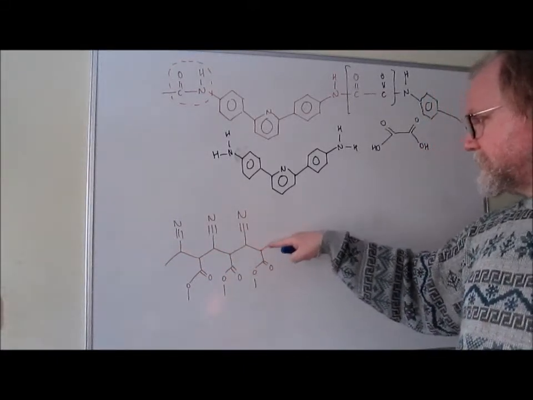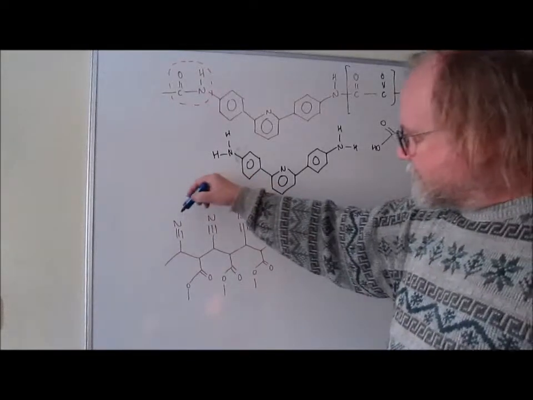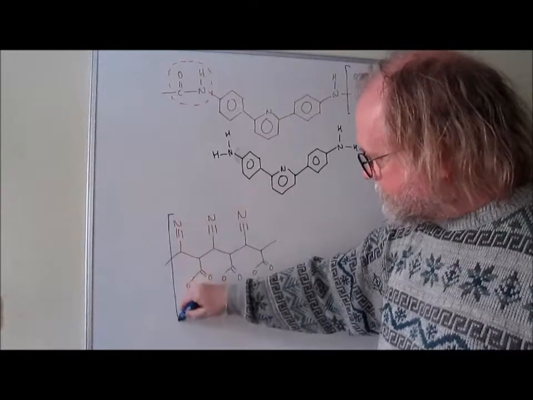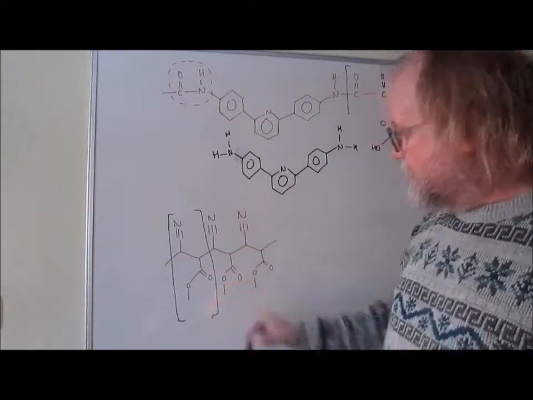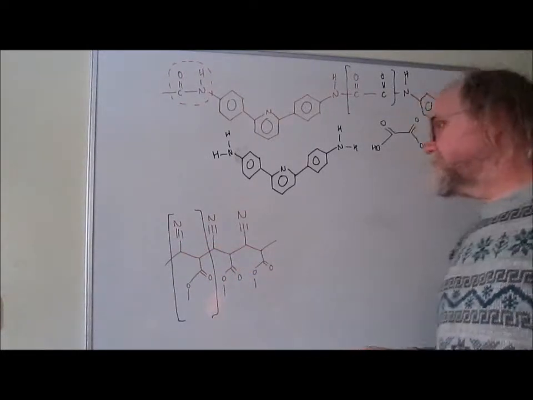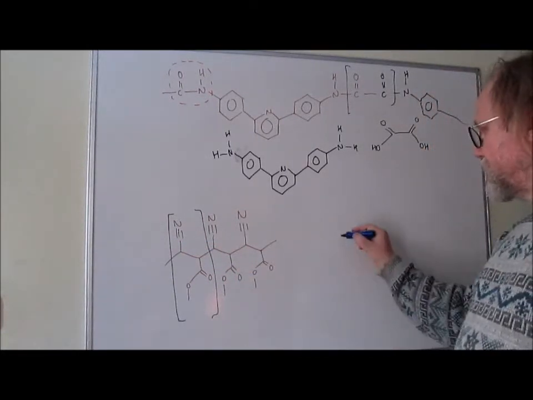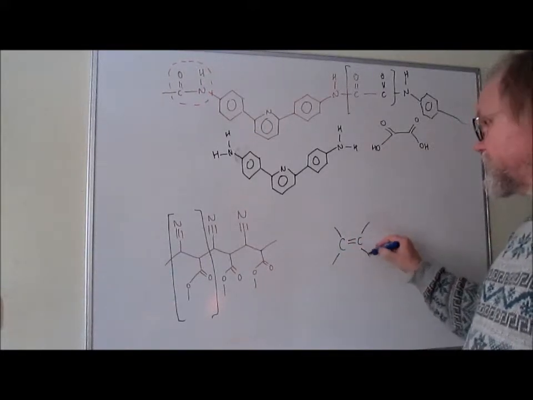Now this one is an addition polymer, and the way you know that is that you've got this continuous chain of carbons across the middle. So of course that makes it very easy, because the repeat unit is always just based around two of those carbons across the middle, like that. And you can see that's then repeated, and so the monomer is just the alkene that has those things attached to it.